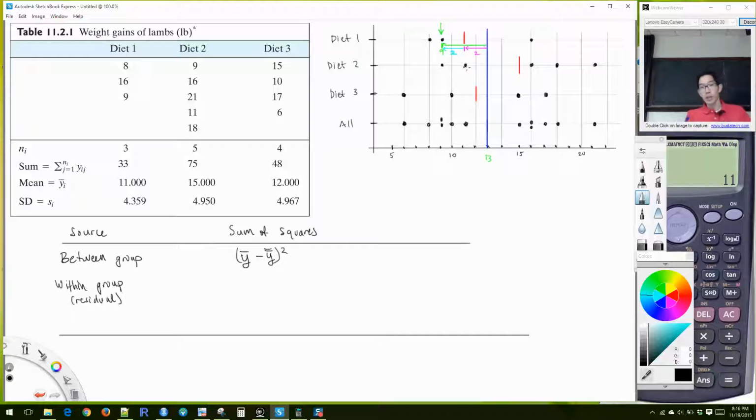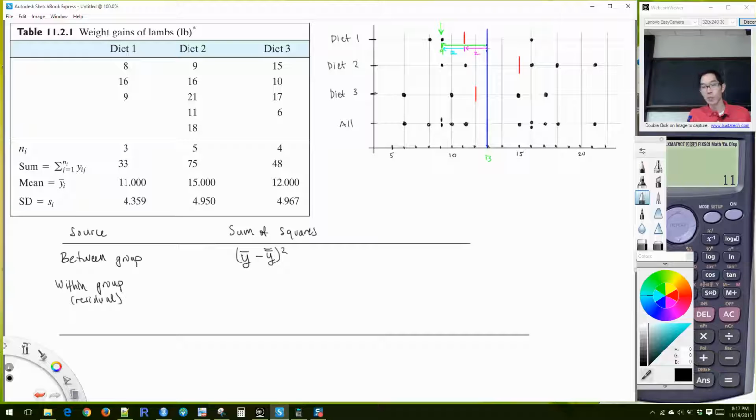All three of these data points here would have the same value for y bar minus y double bar, right? All three lambs in diet 1 would have the same y bar minus the grand mean. They would all say, my group mean is 2 less than the grand mean.